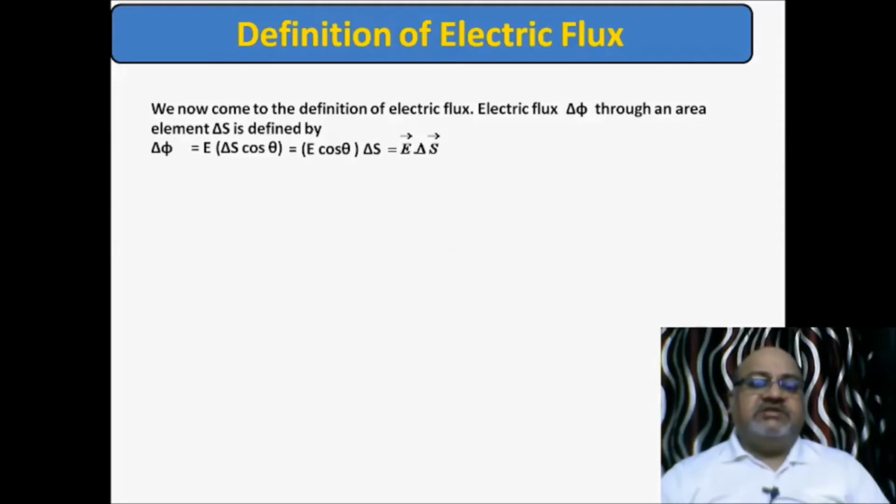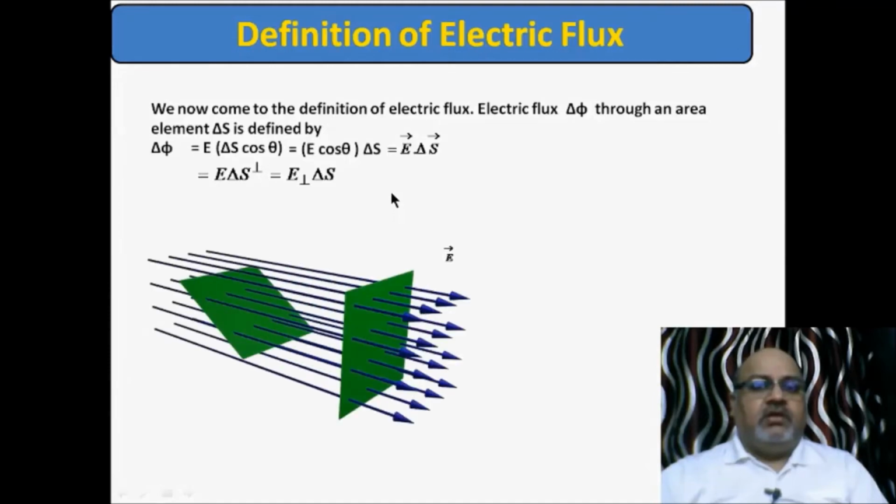So in both cases we see that this is a scalar product of the electric field vector and the area vector, dot product, E dot delta S. We can write this as E into delta S perpendicular to the E, or E perpendicular to the delta S. Same figure. This is the electric field intensity in the direction of arrows.